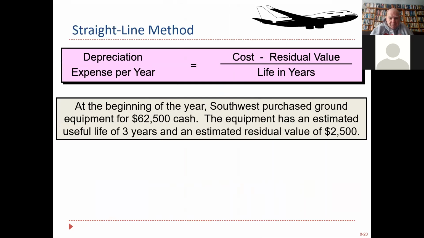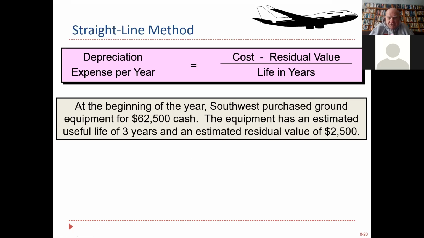So here's Southwest. They bought some ground equipment and they're going to depreciate it for 3 years. And they have a residual value of 2,500. What they're saying is, we're going to beat the heck out of this ground equipment 24/7 for the next 3 years. And then it'll be time to replace them. And we think somebody will come in and take them off our hands for 2,500, junkyard or somebody. Okay.